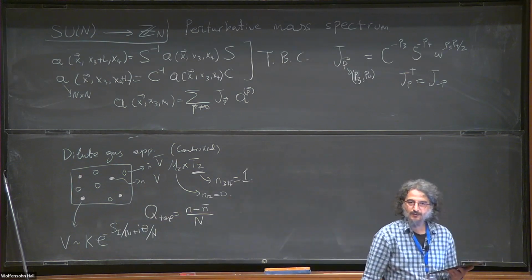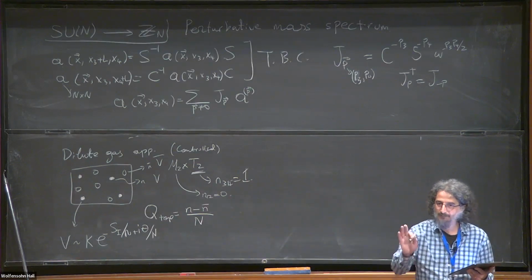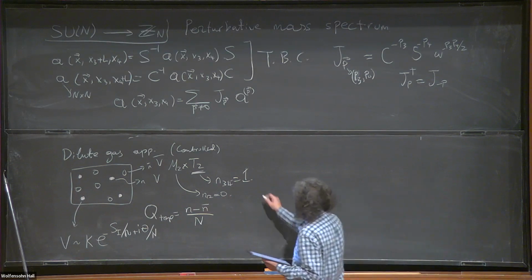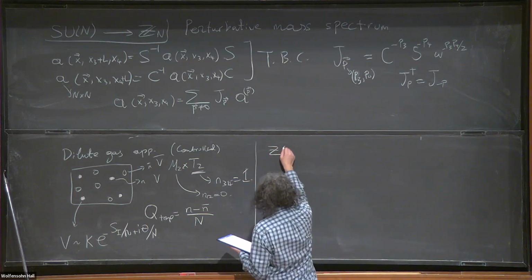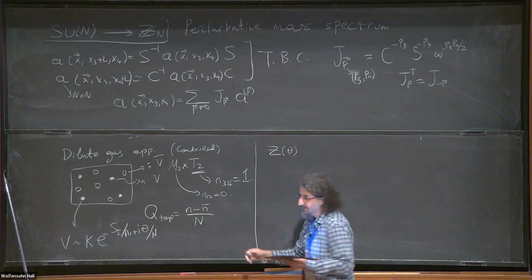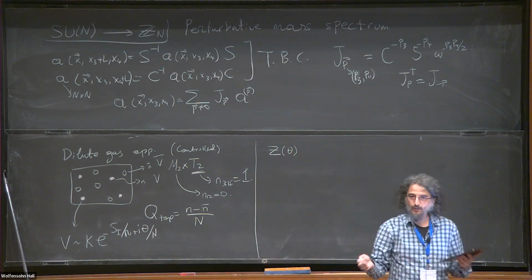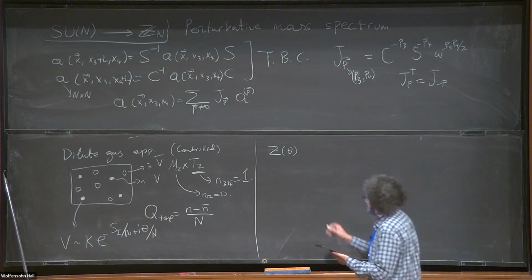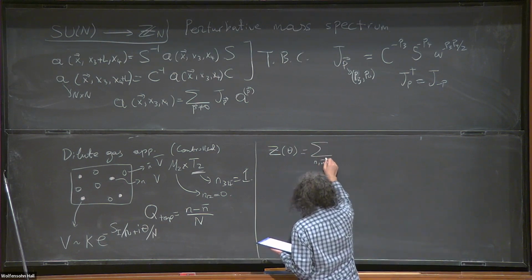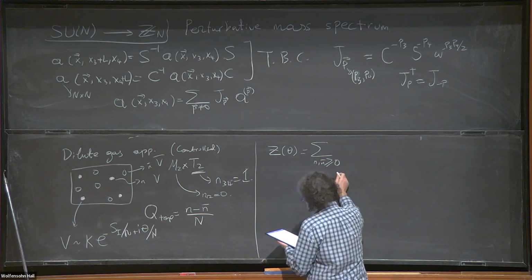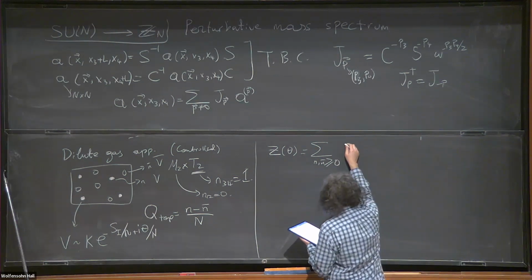Now, let us construct the partition function. This is probably the most interesting thing that we will do related to this. Z of theta. We can sum over all vortices, all anti-vortices, right? This is a grand canonical ensemble. And I decided to write down this explicitly.